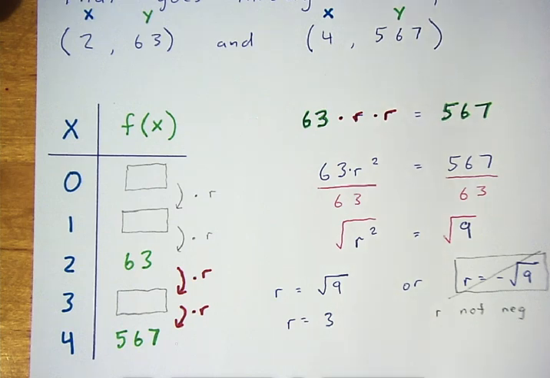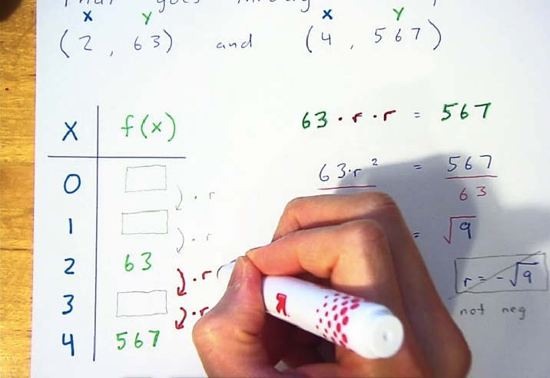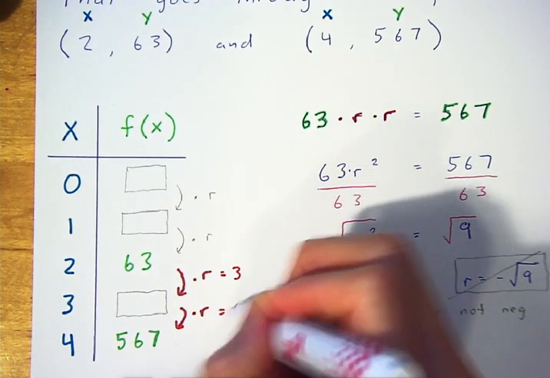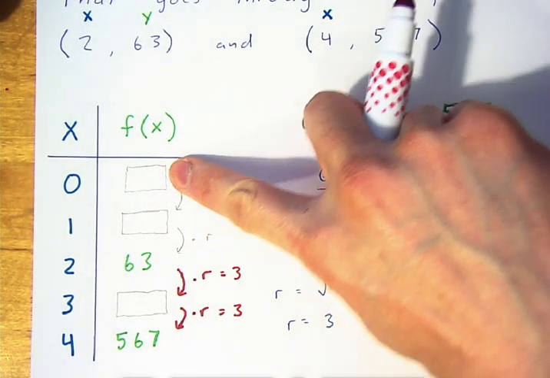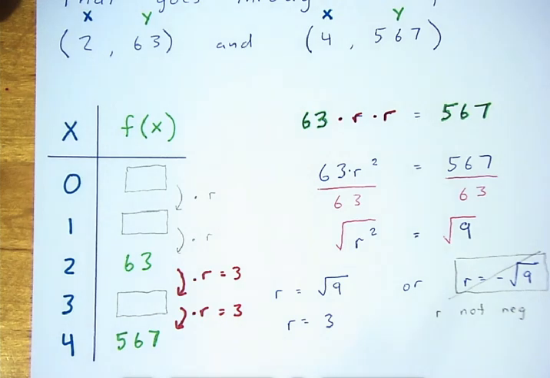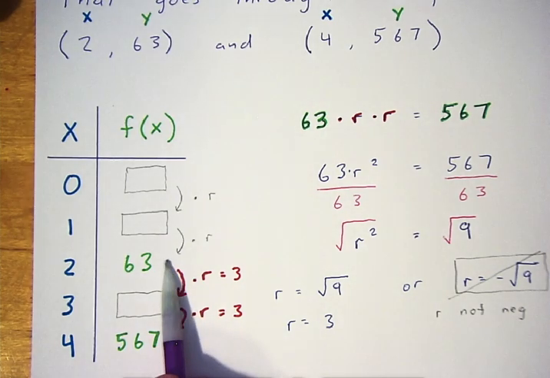All right, so we know that r is equal to 3. Wonderful. Now all we need to do is find this value right here in order to create the exponential equation for this. Going in this direction is times 3, times 3.